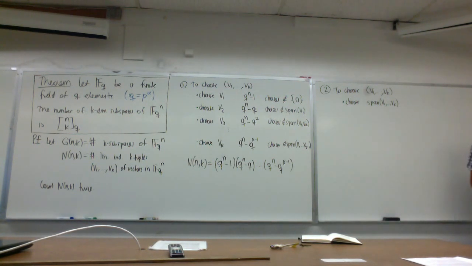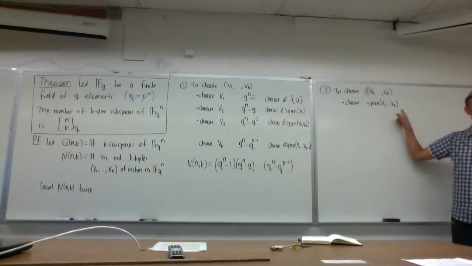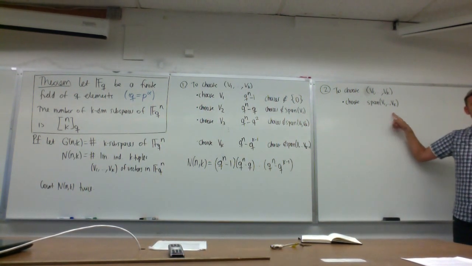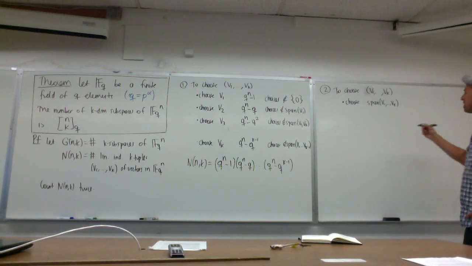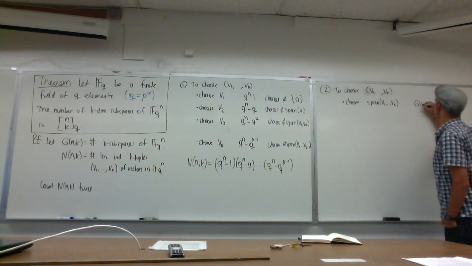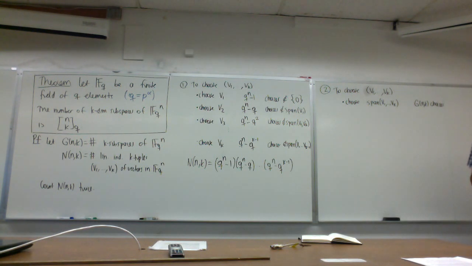How many choices do I have for the span of V1 up to Vk? Well, V1 up to Vk are linearly independent, and so this span needs to be a k-dimensional subspace. And I can choose any k-dimensional subspace to be my span, so the answer is G of nk choices. Okay? So I choose the span first.